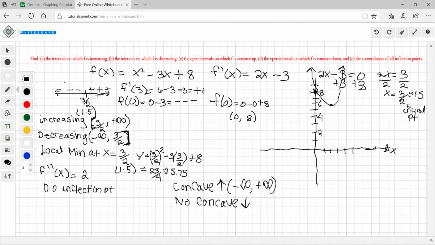If it was a positive and then a negative, it's a local max. Then to find the concavity and inflection point, you take the second derivative, but we noticed that we don't have an inflection point because we don't have both a concave up and a concave down. So that's it.